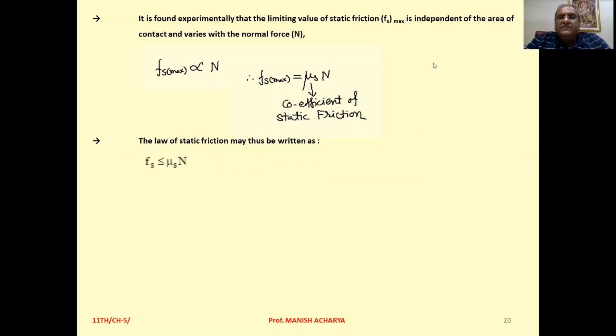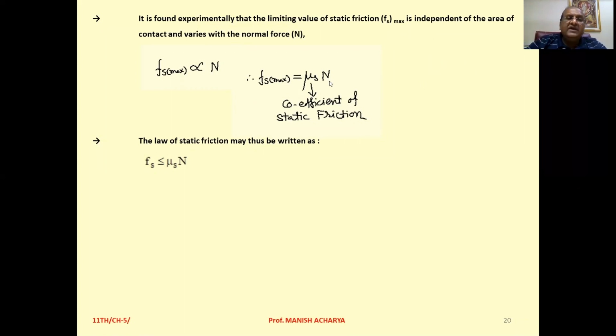Now see, experiments show this thing. The limiting value of static friction, that is the maximum static friction, does not depend on the area of the surfaces in contact, right? But it depends on the normal reaction as well as the type of surfaces.